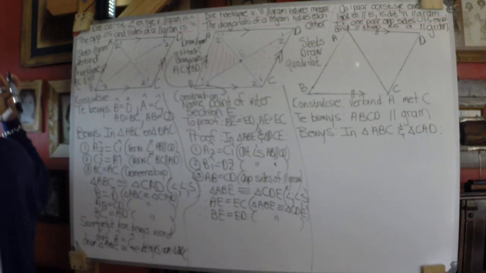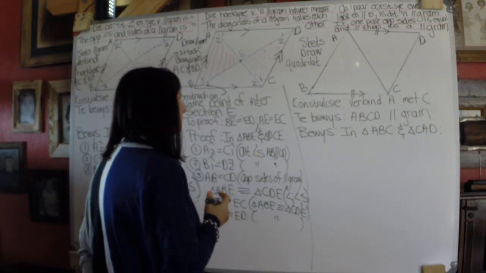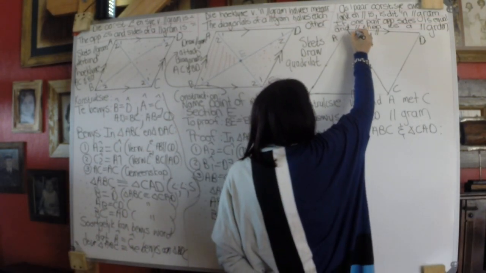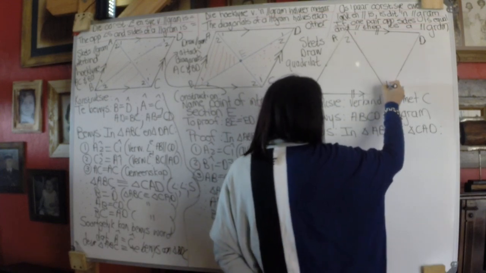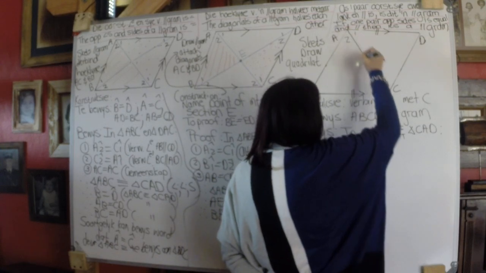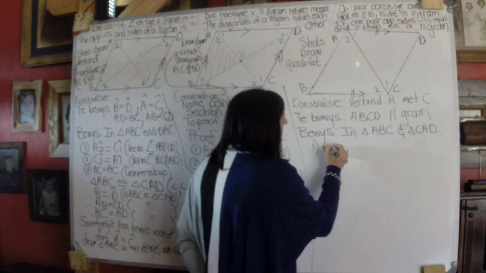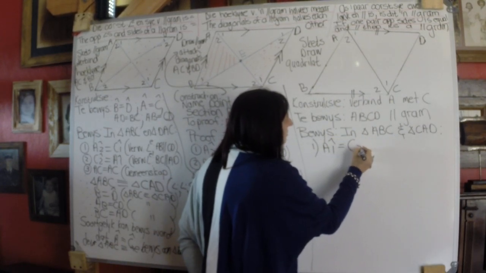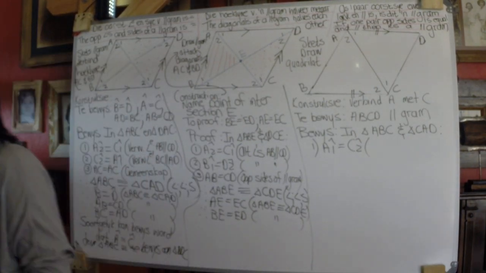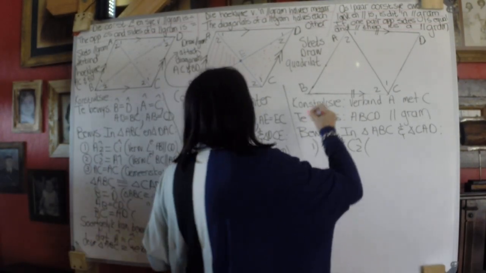Goed, en hier gaan ons sê. And let's mark this again as 1 and 2, 1 and 2. Number 1. We can say that A1 equals C2. Hoekom kan ons sê? We're going to compare these two triangles.